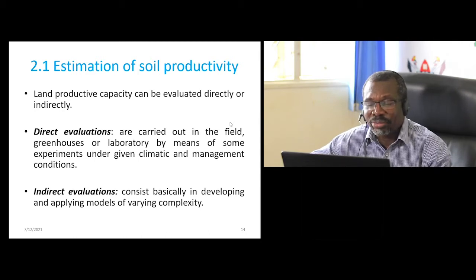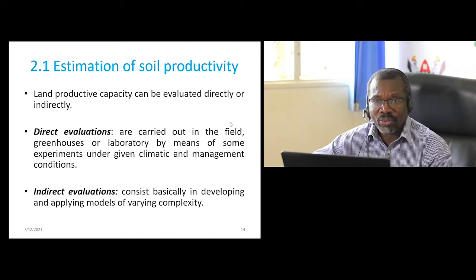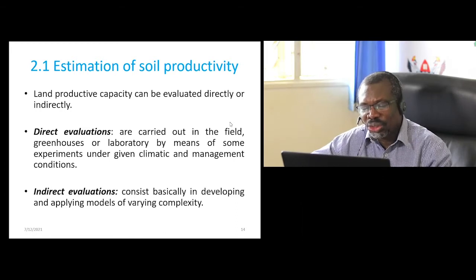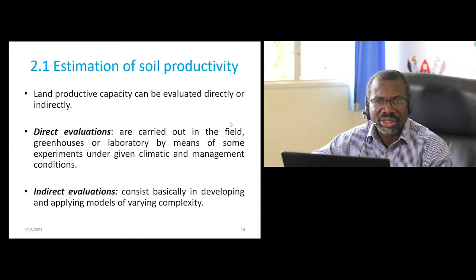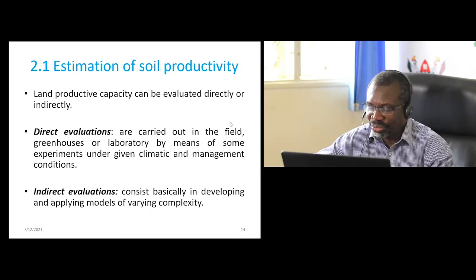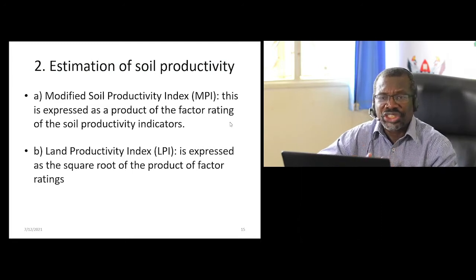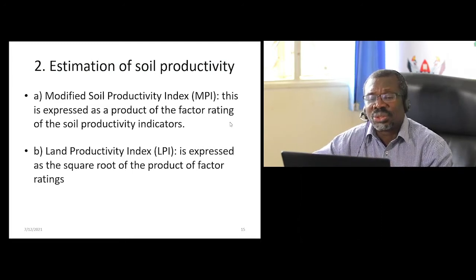But the indirect methods also exist, and we can use a number of models which have been developed across the world to make an estimate of soil productivity. For this case, we opted to use existing models.